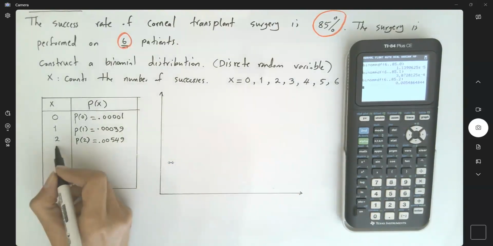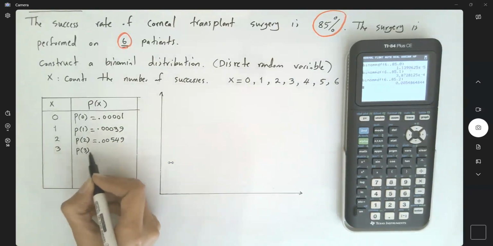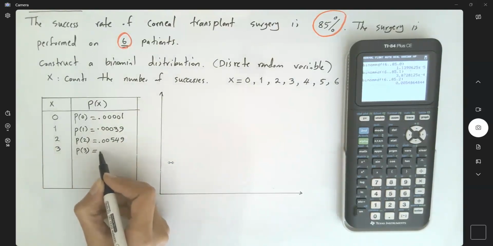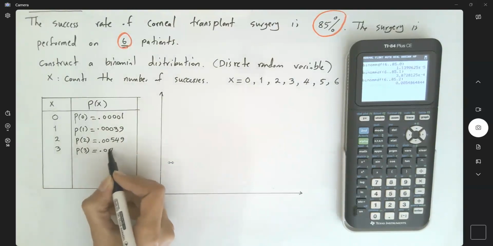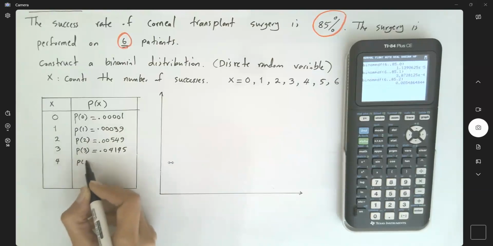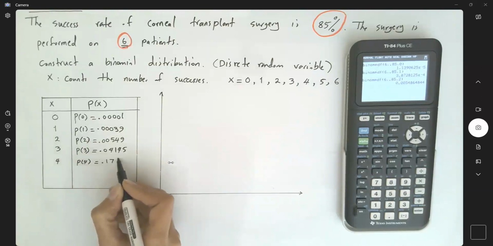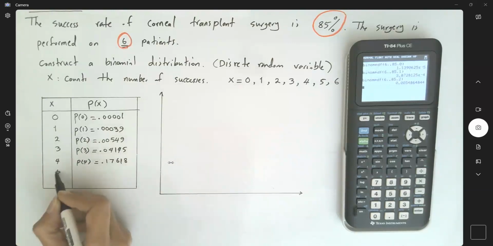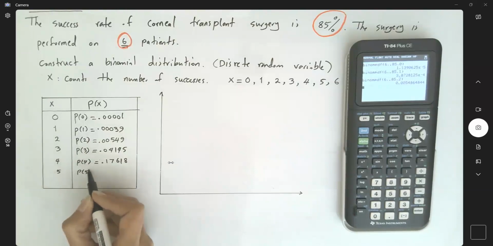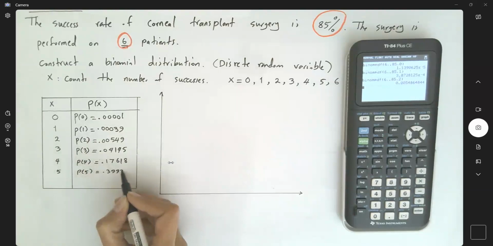If you repeat this process, the probability of having 3 successful surgeries is going to be about 0.04145. 4 successful surgeries is going to be 0.17618. 5 successful surgeries is going to be 0.39933.